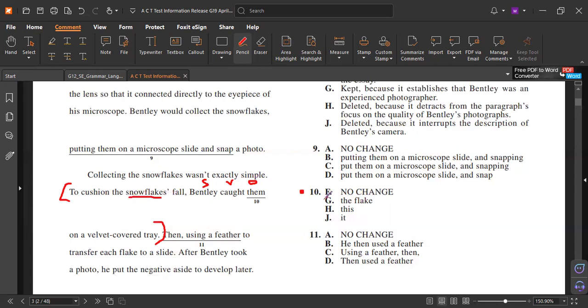Plural. So no agreement. Singular, no agreement. Them refers to snowflakes before the apostrophe. And he said here, plural. But in the sentence itself, we have plural already. So it must be letter F. Remember, we called it clear pronouns. Yeah, clear pronouns as well.